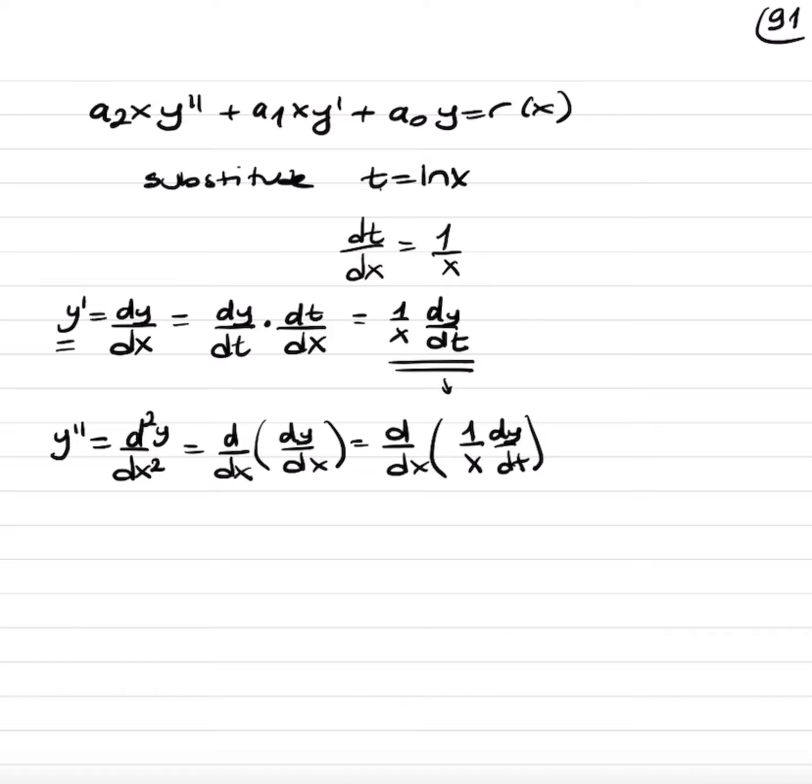And now we take its derivative. We can think of this as u times v. We know how to take the derivative of u times v: it is u prime v plus u v prime. So u is equal to, let's say, 1 over x, and v is equal to dy over dx.